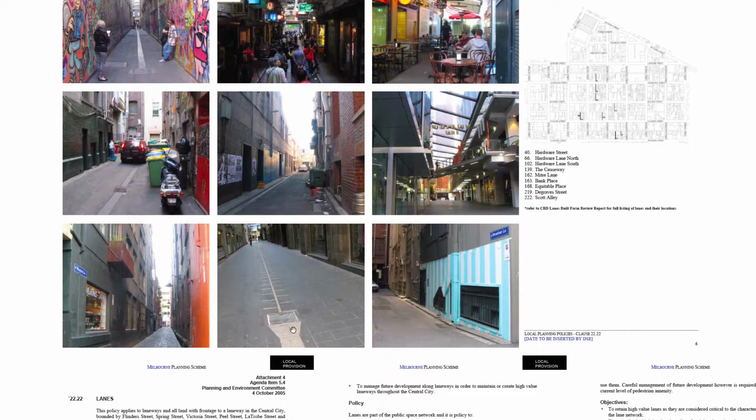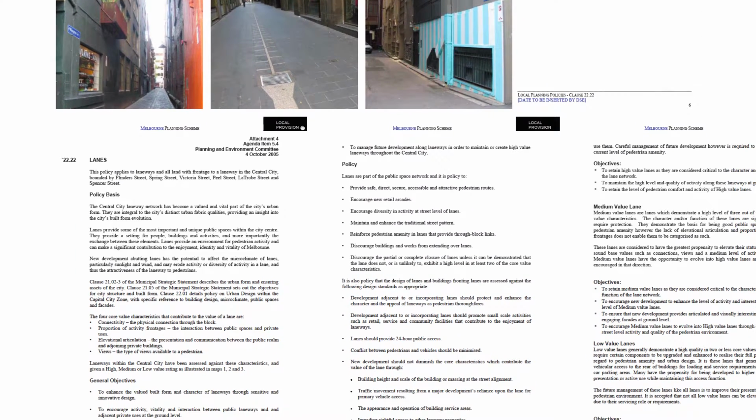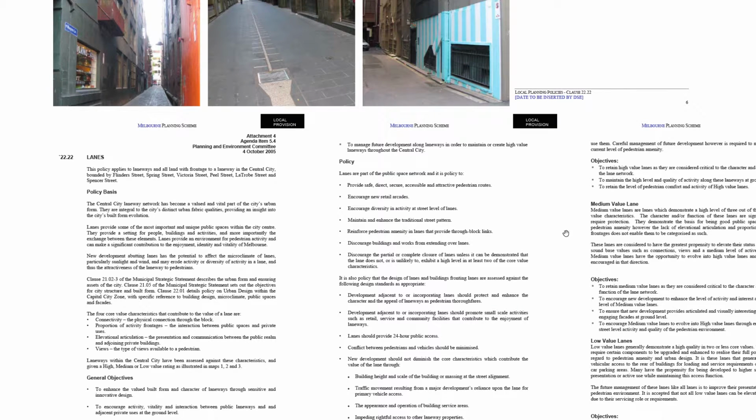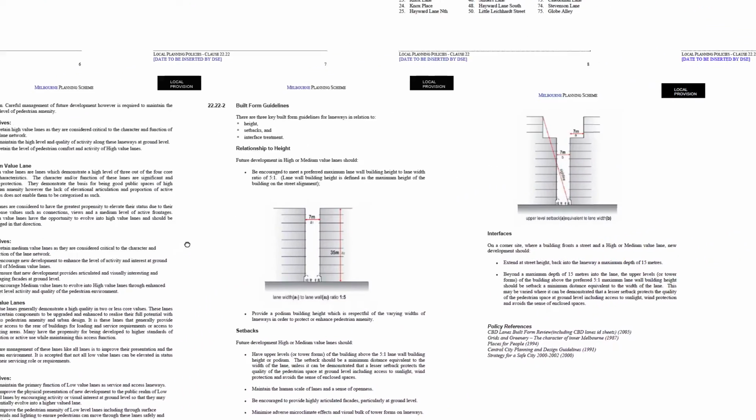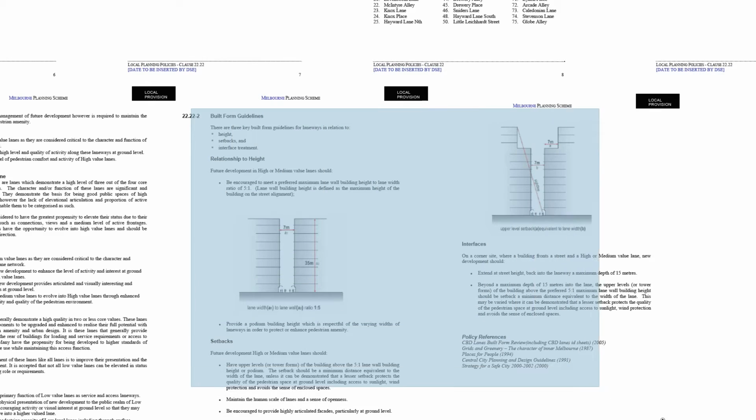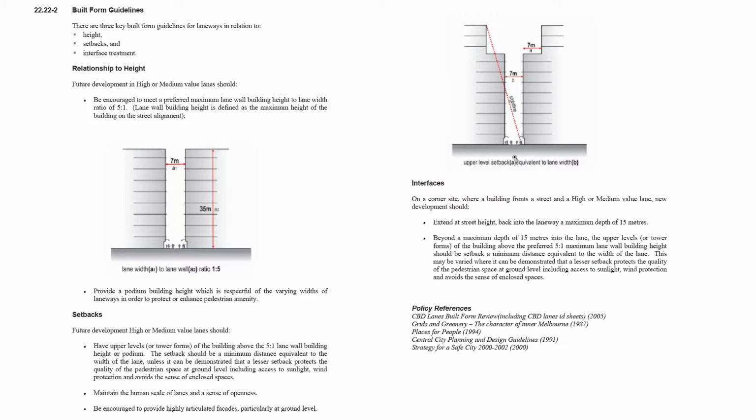So what they did was develop a series of policies to work with these lanes, categorising them into different stages. Then they developed a series of guidelines that specify what will happen under different circumstances.